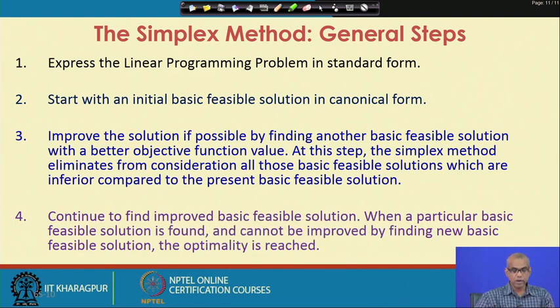We continue to find improved basic feasible solutions. When a particular basic feasible solution is found and cannot be improved by finding a new basic feasible solution, the optimality is reached. So, this is in general the steps of a simplex method.